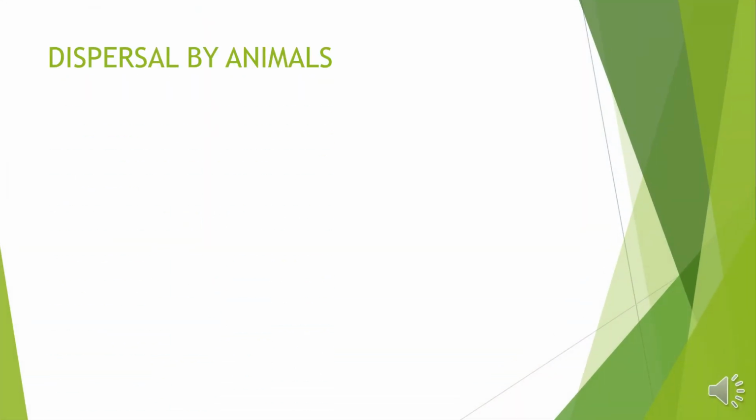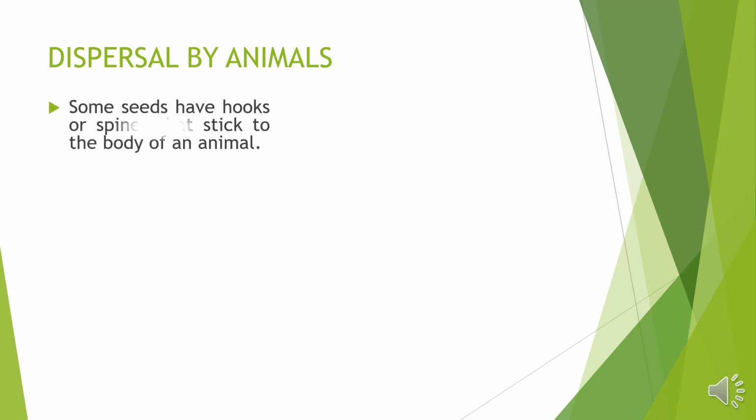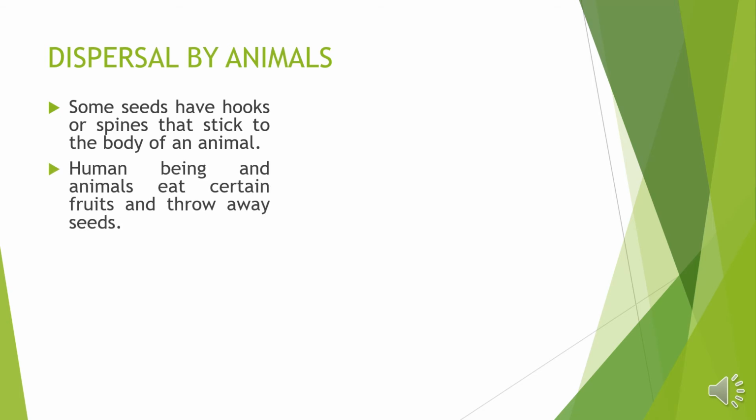Dispersal by animals. Some seeds have hooks or spines that stick to the body of animals. Human beings and animals eat certain fruits and throw away the seeds.